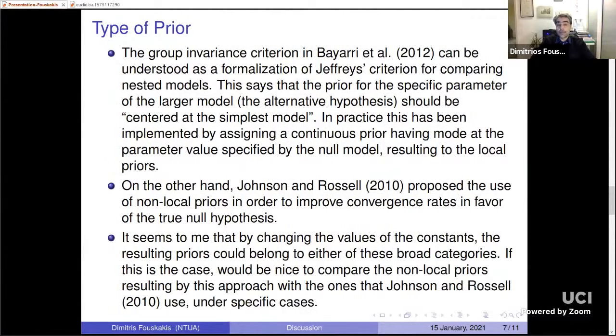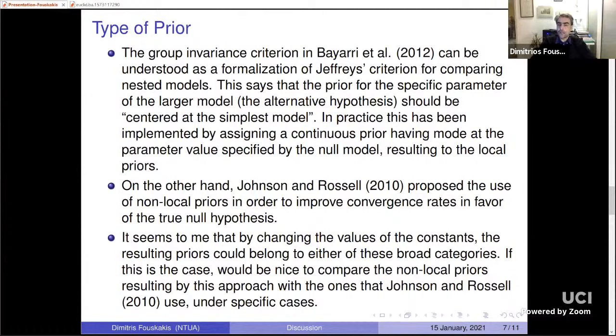Also, returning back to the desiderata, if I understand correctly, the proposed priors can be local or non-local, depending again on the choice of the constants.